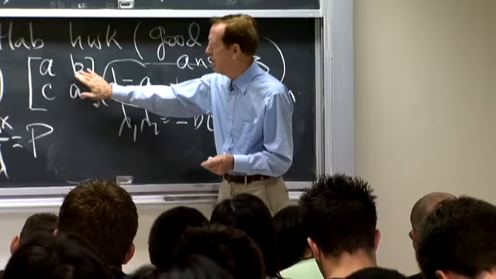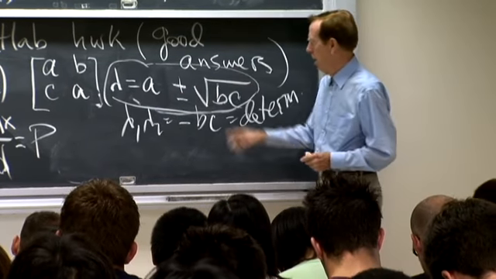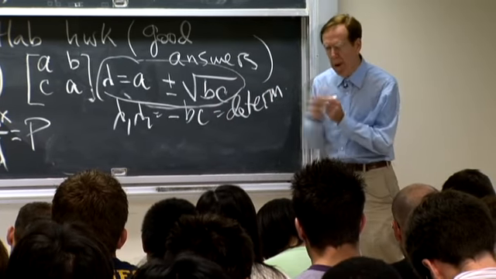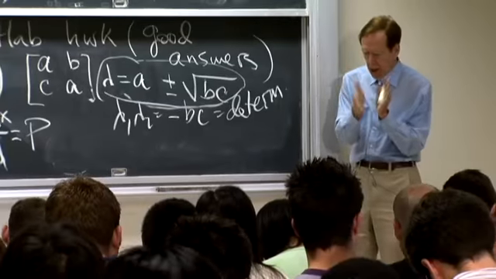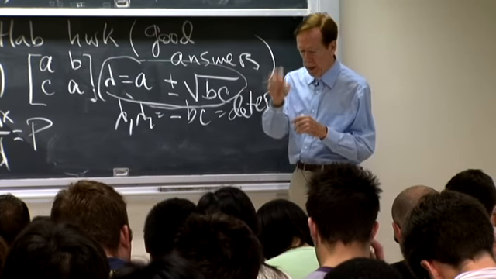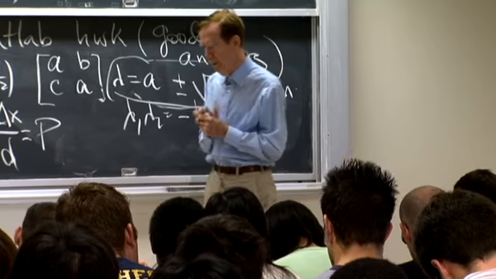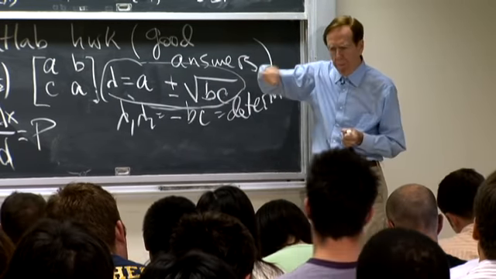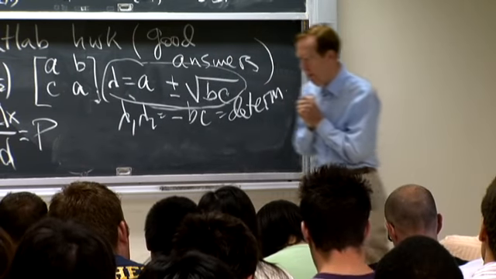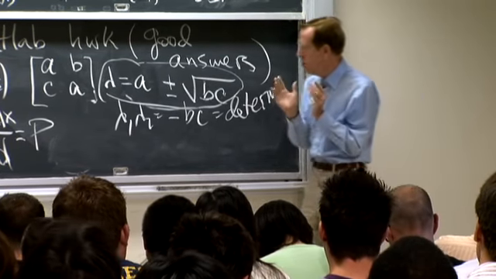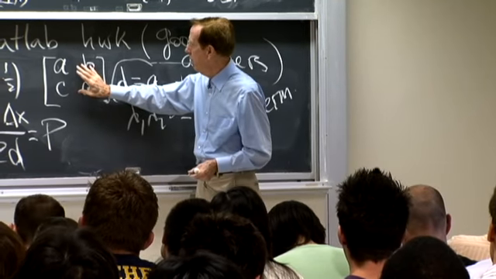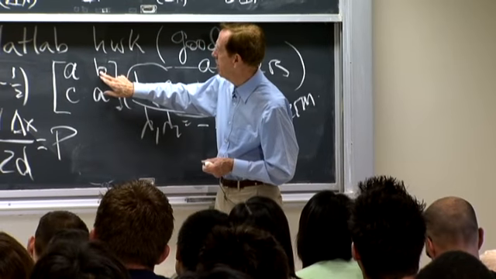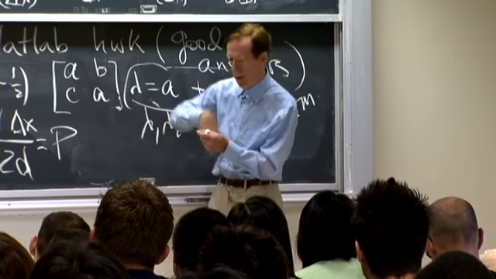When B and C have opposite sign, what do I get? I'm taking the square root of a negative number and I've gone complex. Do you see that the change from real eigenvalues, which gives a nice curve, to complex eigenvalues, which gives a very bumpy curve for the solution, happens when, for example, B goes to 0 and then beyond that?